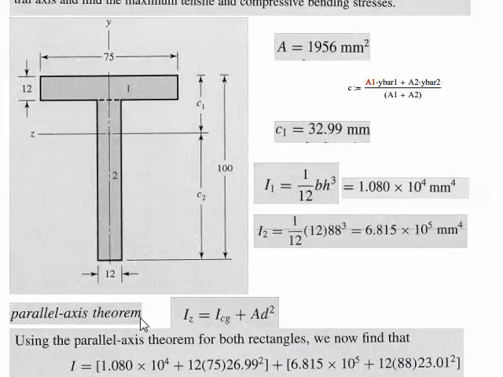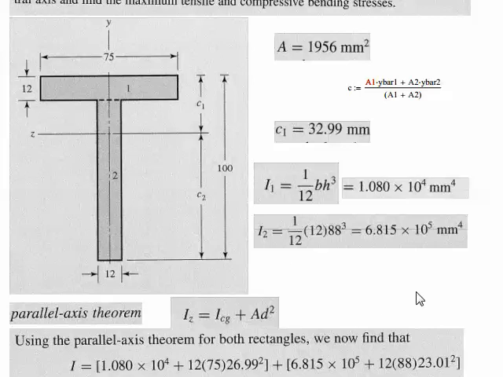The parallel axis theorem says we can take the moment of inertia about its centroid and move it somewhere else by adding the area multiplied by the square of the distance we're going to move it. We take this moment of inertia plus this area, which we computed earlier, and the distance is 32.99, which is basically 33, minus the 6, which is the location of this one.